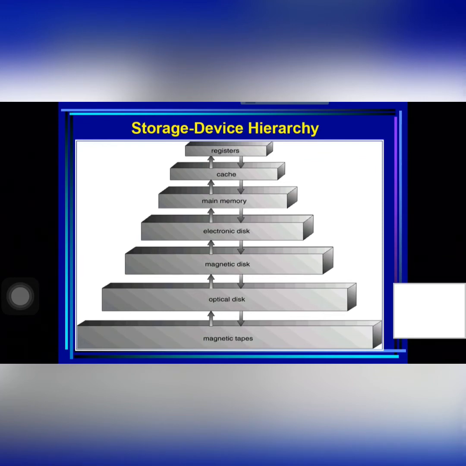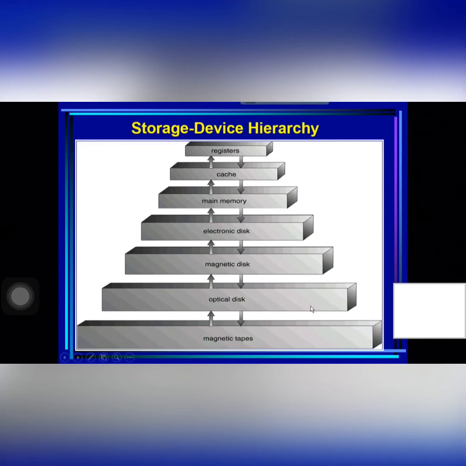The top four levels of this memory picture may be constructed using semiconductor memory. That means registers, cache, main memory, and electronic disk, which we also call solid-state disk, are constructed by semiconductor.